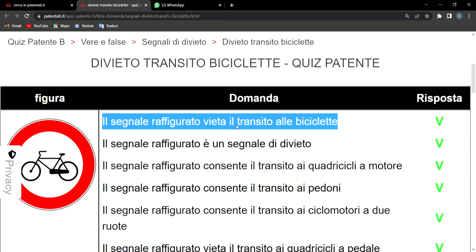Vieta simply means forbid. Transito is also a familiar word in English. So it forbids the transit of bicicletta, which means bicycle. Don't forget, we said that this sign is a prohibition sign which forbids the transit of bicycles. This is the reason why this one is vero. Take note of that. That is number one.